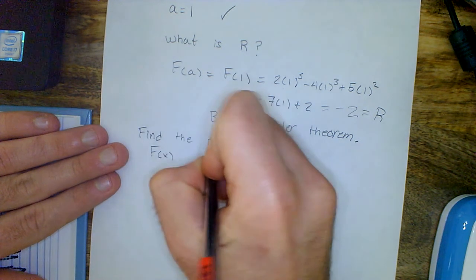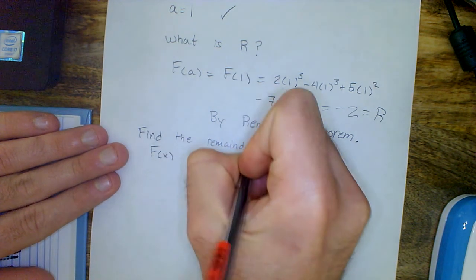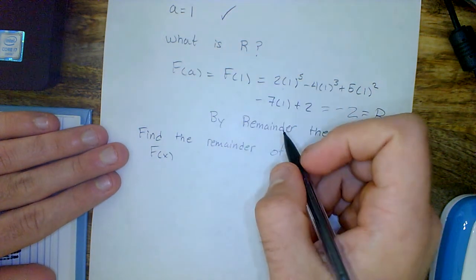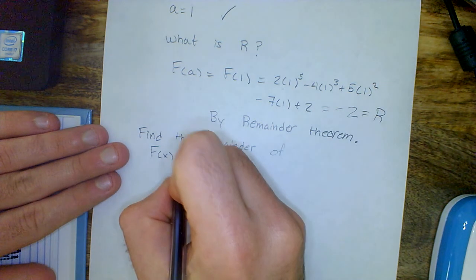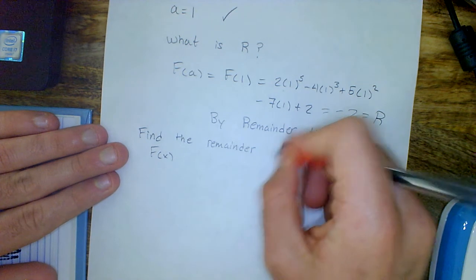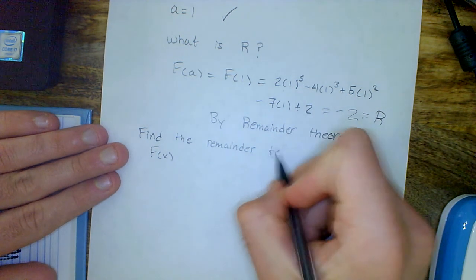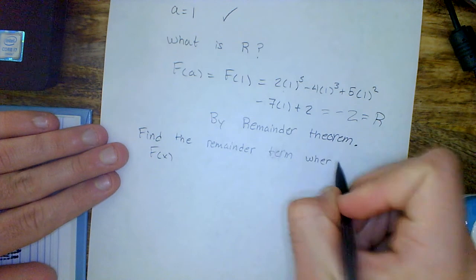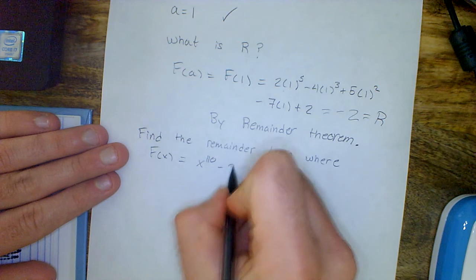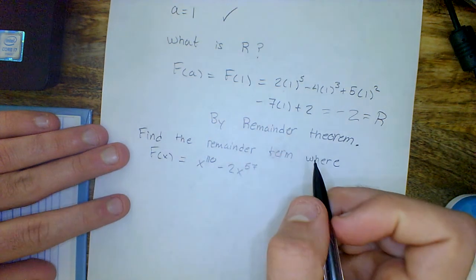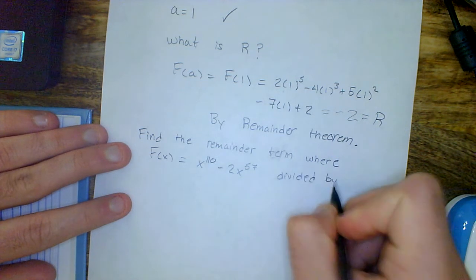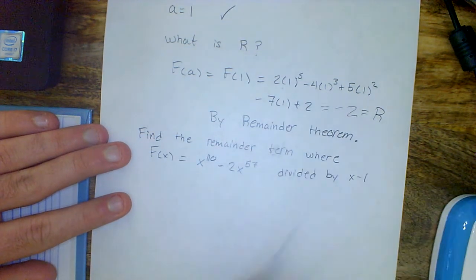Find the remainder, without the remainder theorem, where f of x equals x to the 110th power minus 2x to the 57th power, divided by x minus 1.